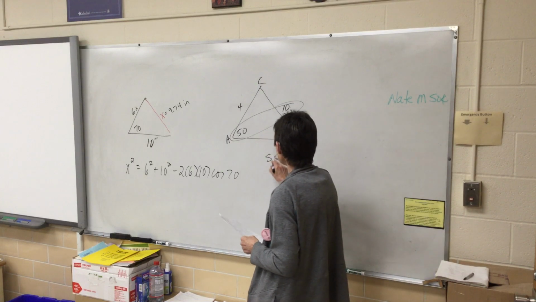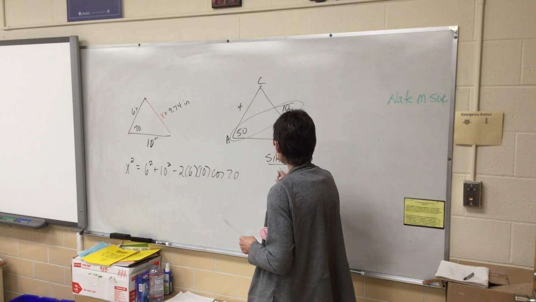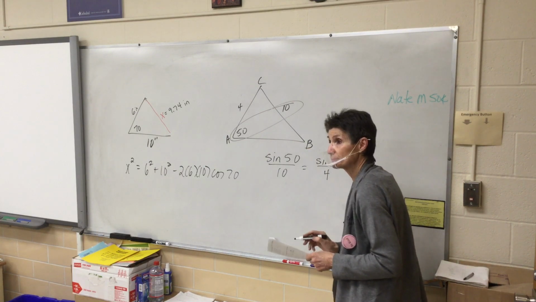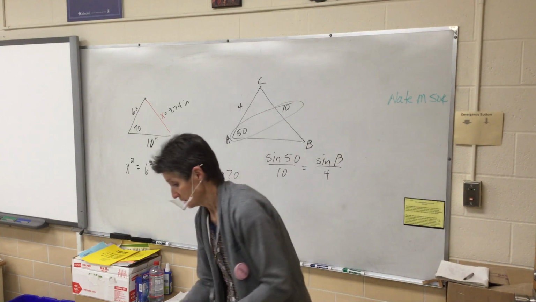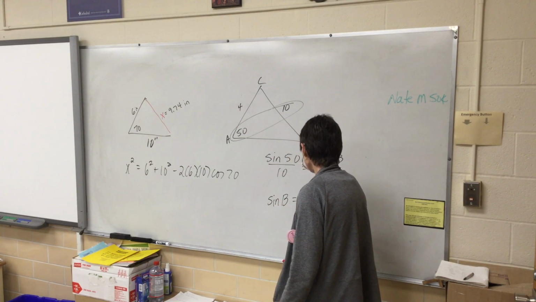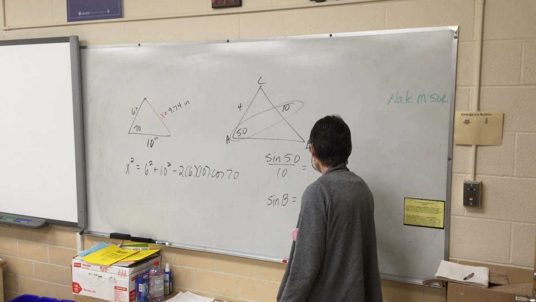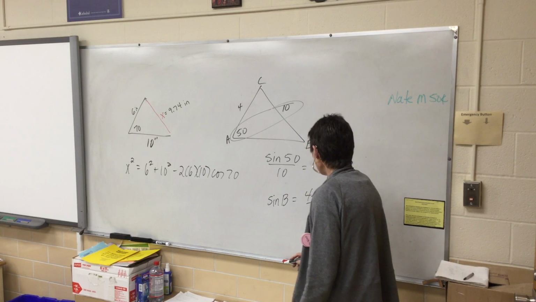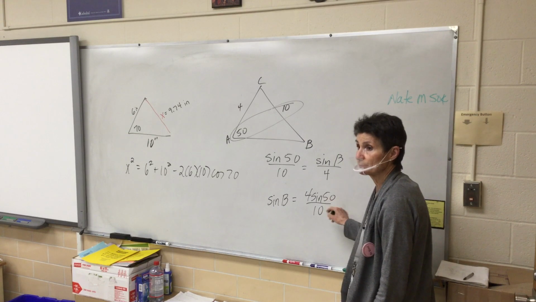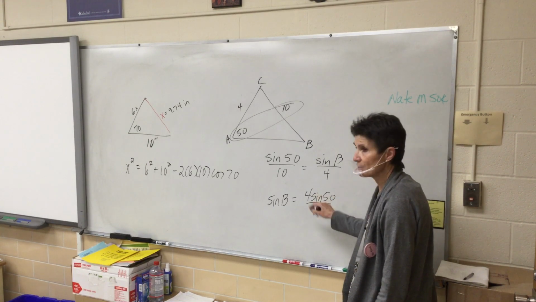So we're going to say sine 50 over 10 equals sine B over 4. And then we'll cross multiply and divide. Now, if you just type this in right here, you're going to get a decimal because this is not your answer.